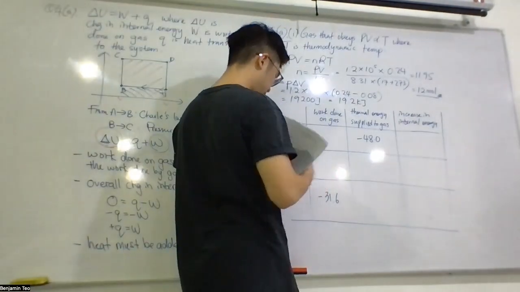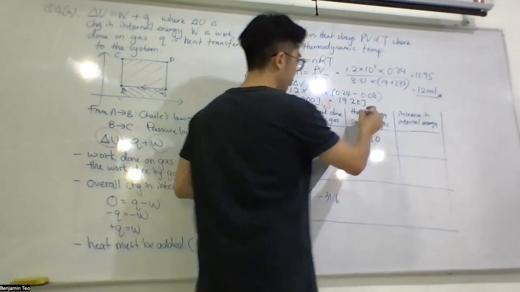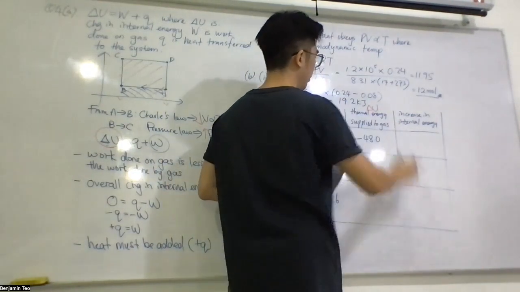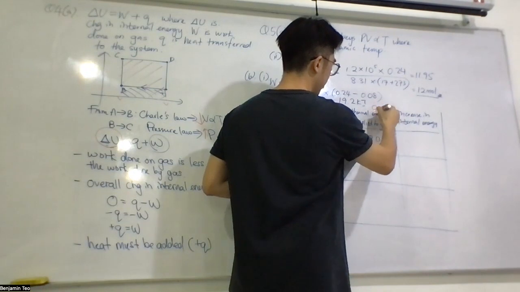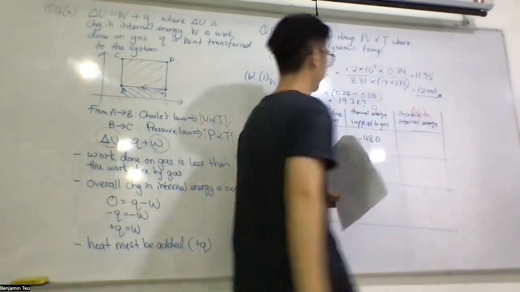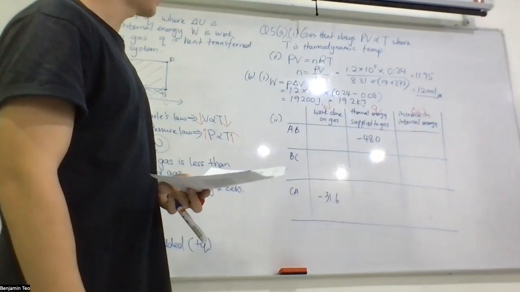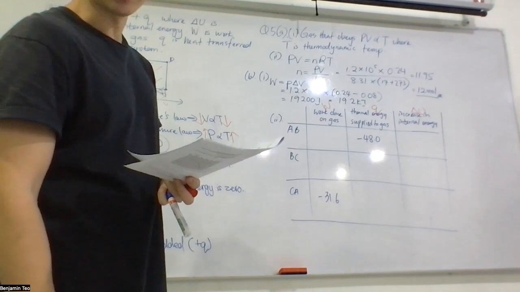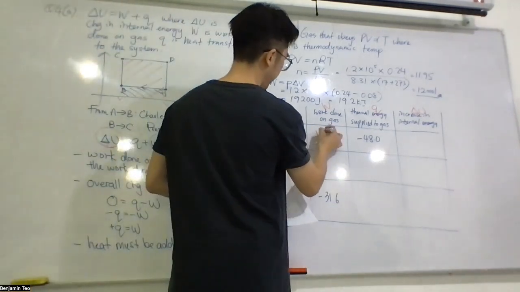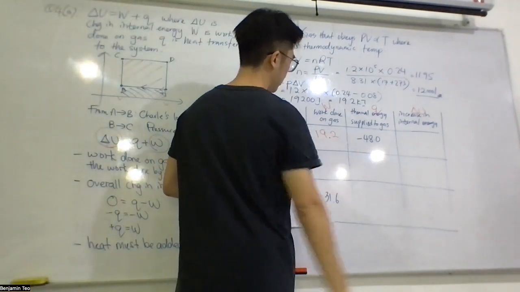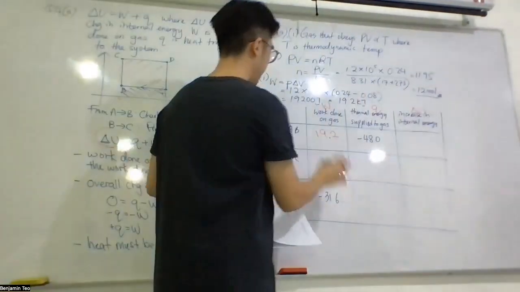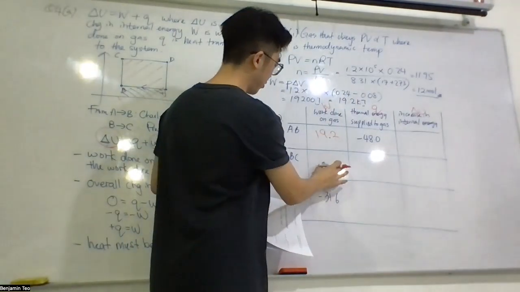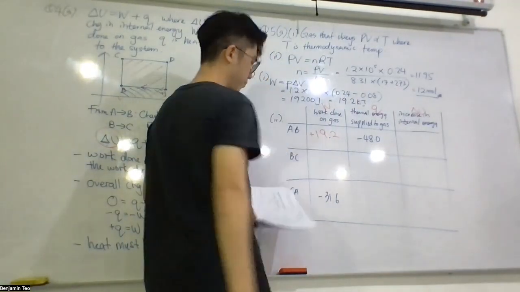This is W, this is Q, this is delta U. AB, work done on gas: that's the answer you get from the previous question, 19.2. They want all units in kilojoule. Is it positive or negative? Work done on the gas is positive, right? Positive 19.2.